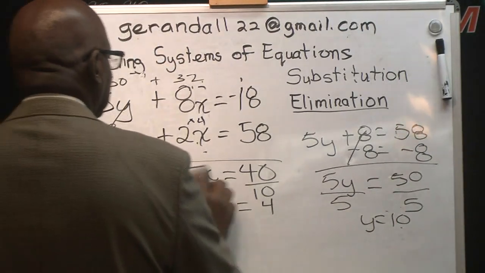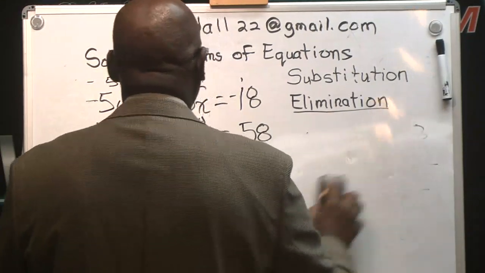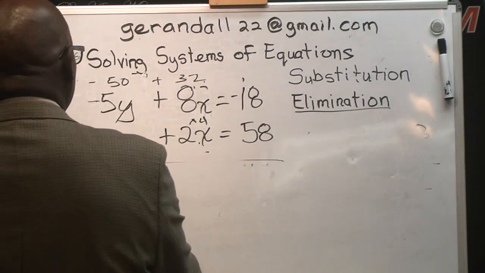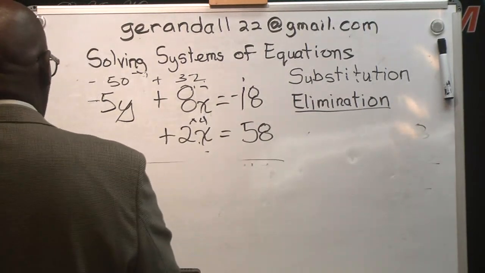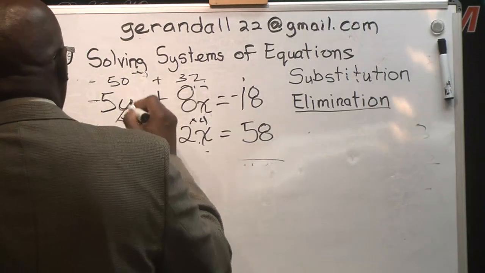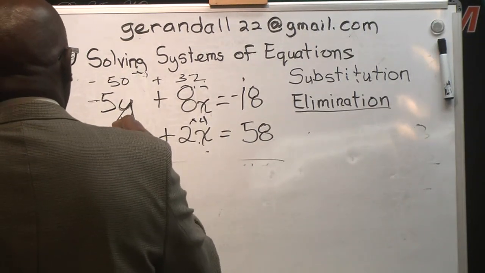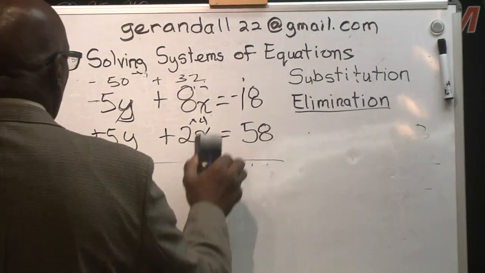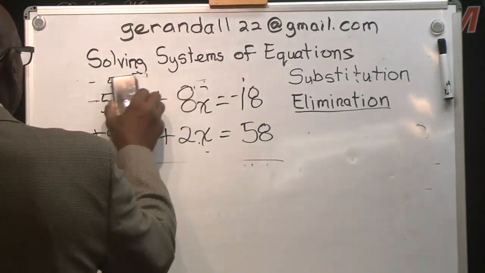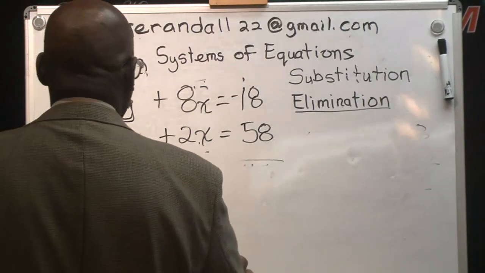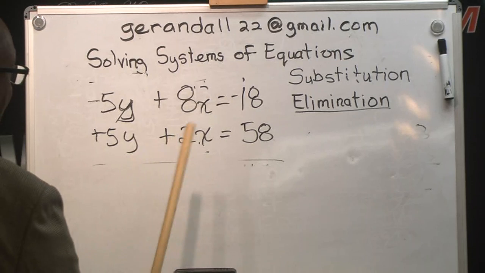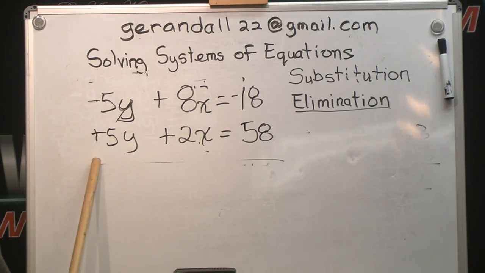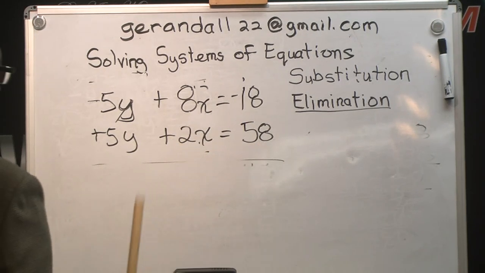Let's look at the same problem where we have minus 5y plus 8x equals minus 18, and 5y plus 2x equals 58.